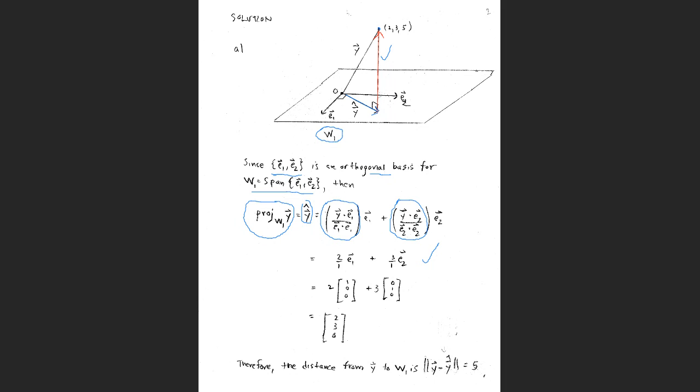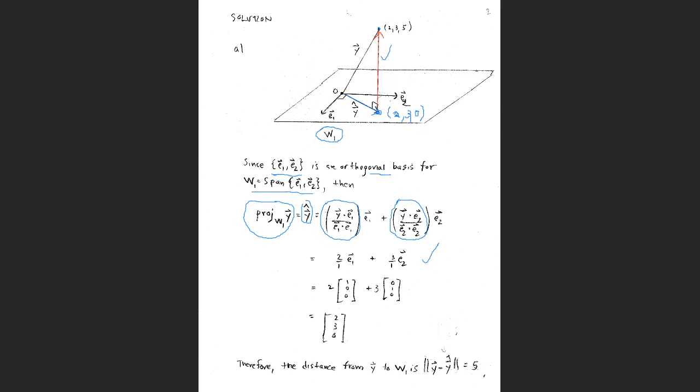Okay, so let me ask you, what they're saying here in the problem is that this coordinate here is equal to 2, 3, 0. Right? That's what that coordinate is right here. It's 2, 3, 0.